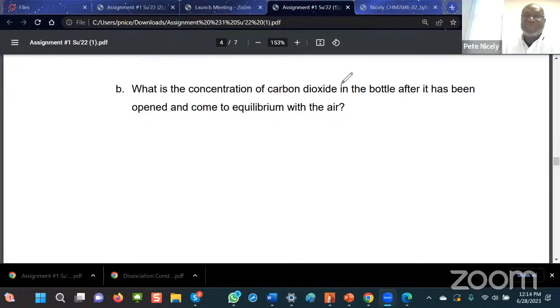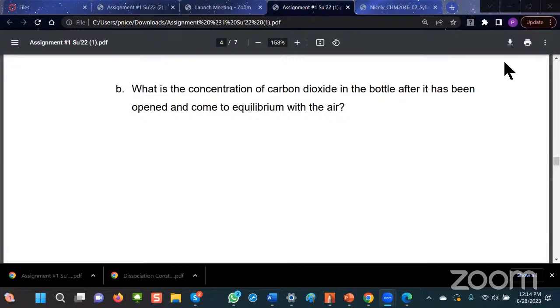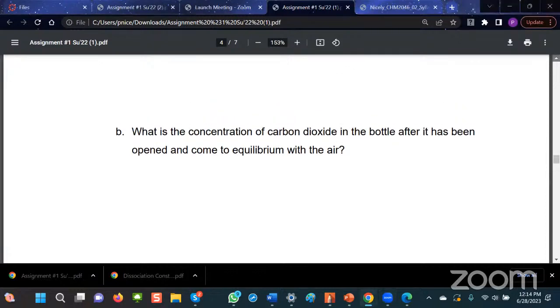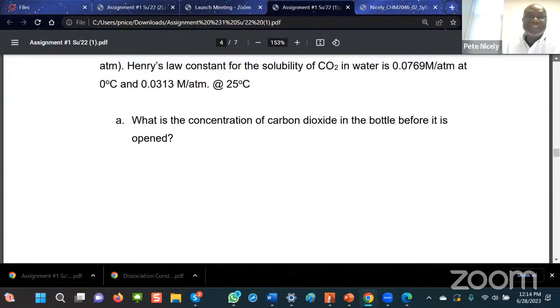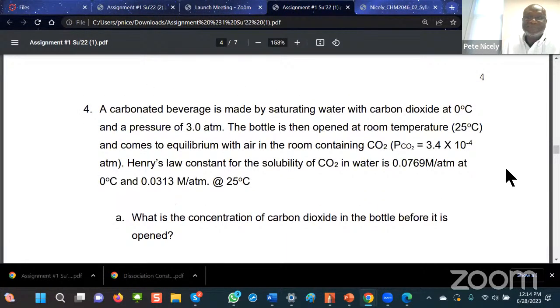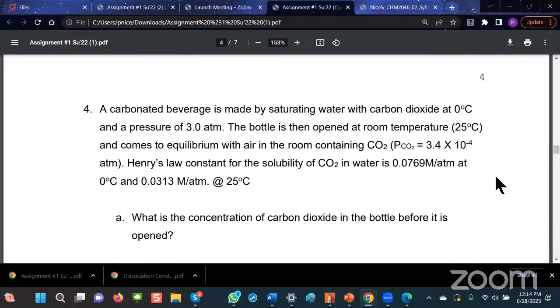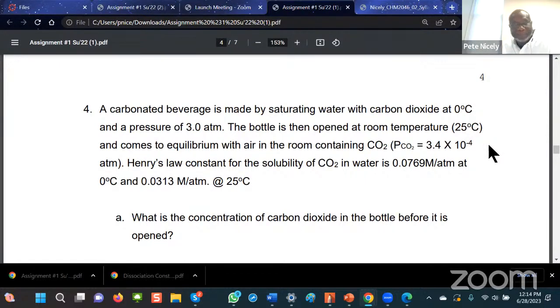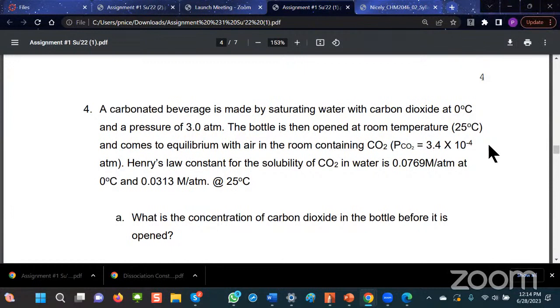Okay, so the earlier part is this right here. So K would be 0.0313? Yep. And then the pressure would be 3.4 times 10 to the negative 4.